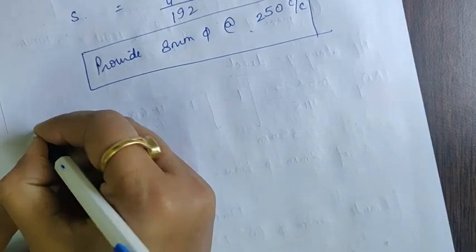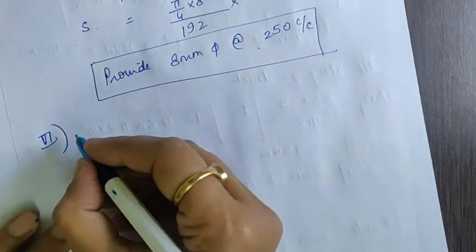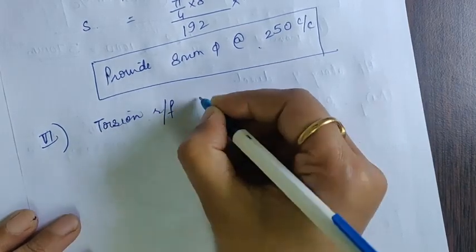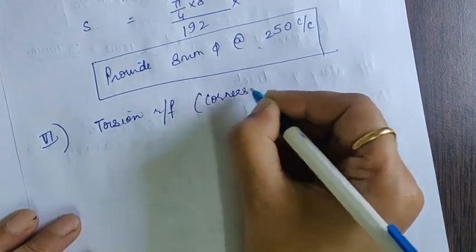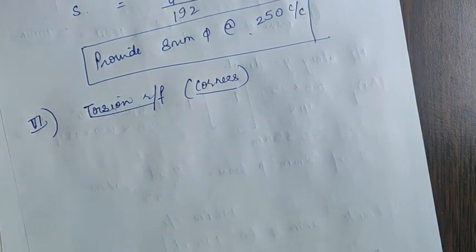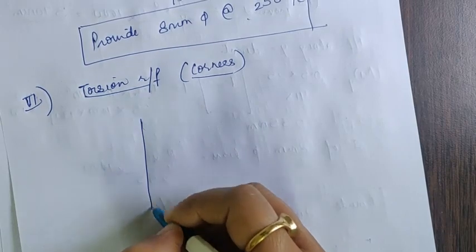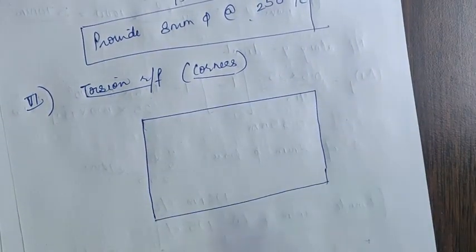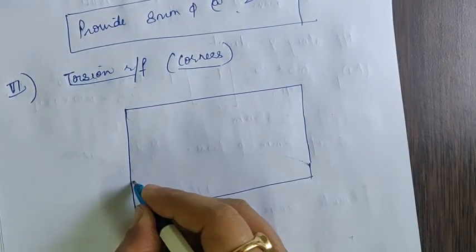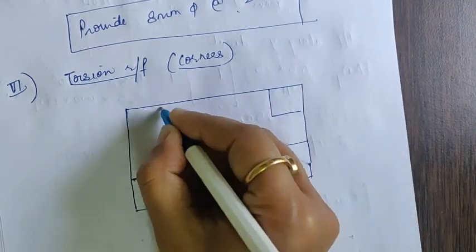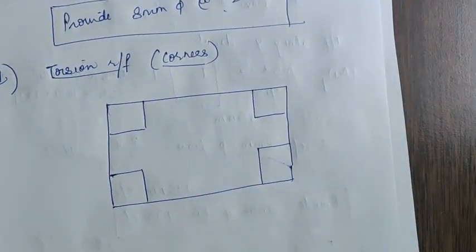Okay. Now the next is something different. We want to find out the torsion reinforcement. Torsion reinforcement that is provided at the corners when the corners are not continued. Okay. Now in this case, because the corners are not continued at any of the directions, therefore in all the corners I will have to go in for the torsion reinforcement.